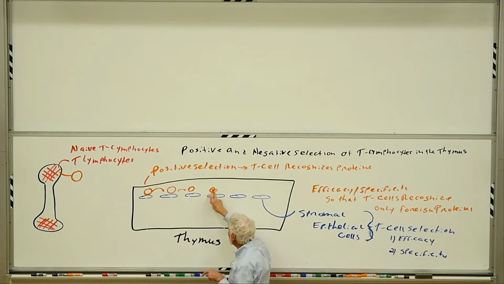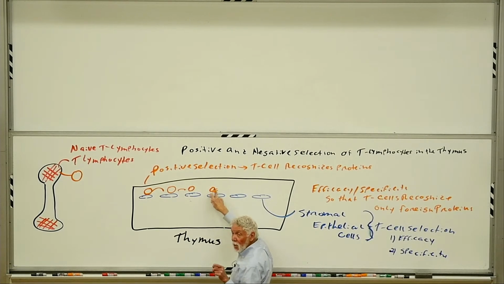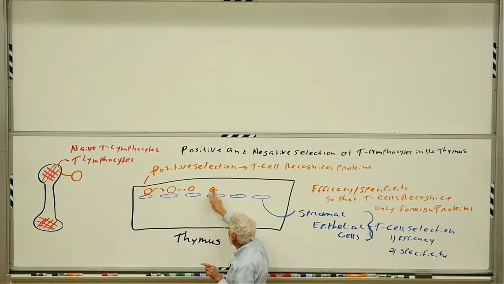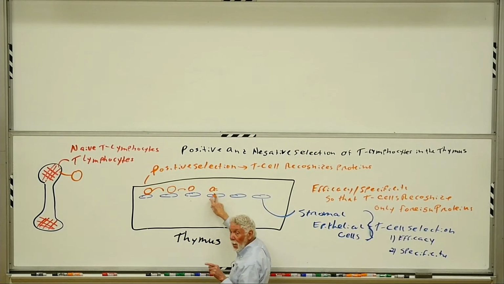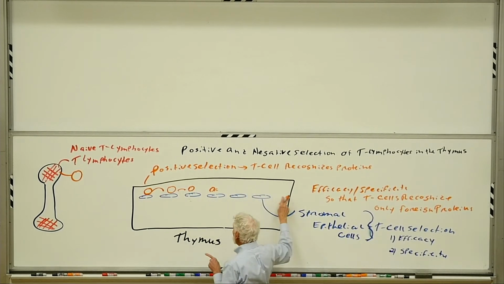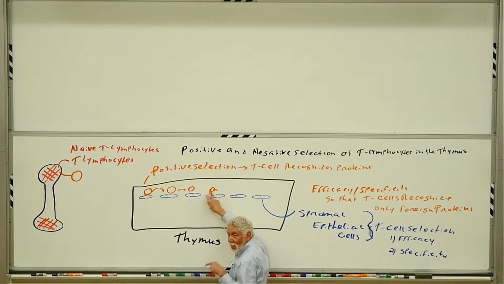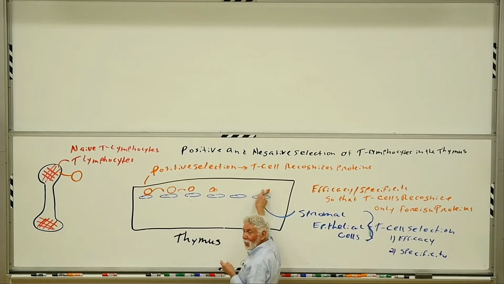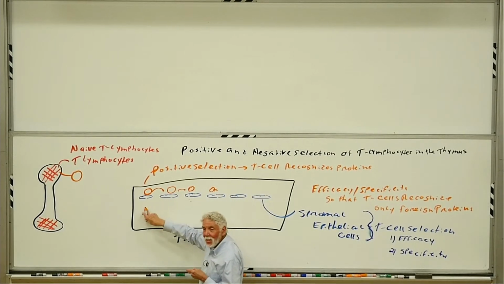If the MHC1 or MHC2 protein on this T lymphocyte recognizes one of these proteins, then that's dangerous. So it's got to go through the whole series, and you have to come out the other side. And this cell, in this paradox, must fail to recognize any proteins along the way, except for the first.